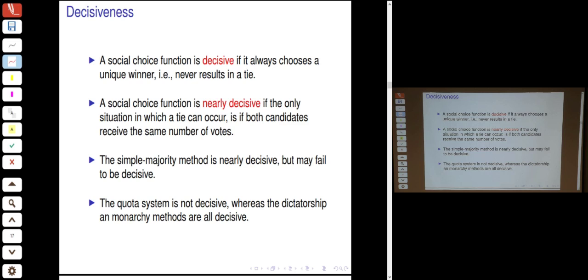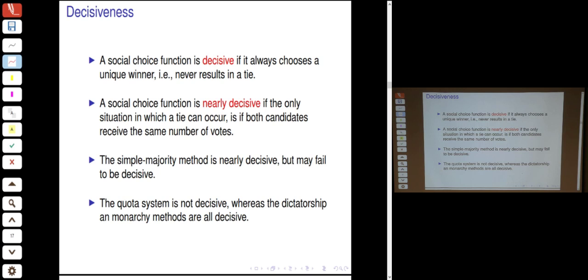So the simple majority method is nearly decisive, clearly, because if there are two candidates, then by simple majority you declare the person who gets more votes as the winner, except for the situation when they both get the same number of votes, in which case you declare a tie.